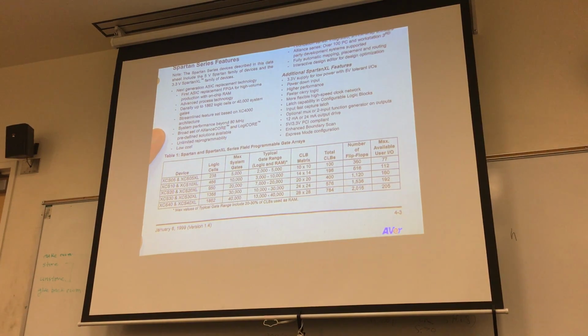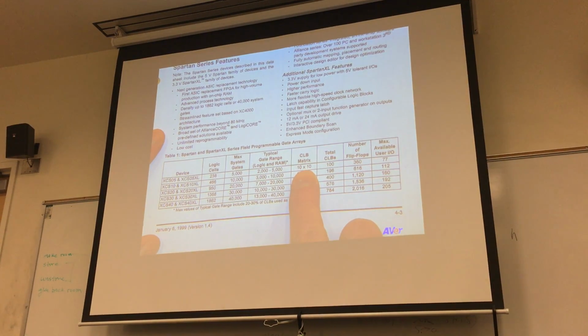So, here's the configurable logic block matrix, the FPGA fabric. This is how it's organized. So the XCS05 has 10 rows and 10 columns of configurable logic blocks. The XCS40 has 28 rows and 28 columns of configurable logic blocks.